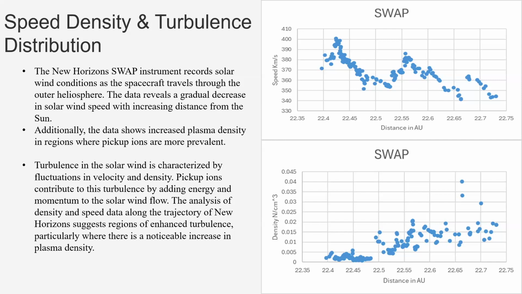And at the bottom, within the same reading, as the spacecraft is traveling farther out into space, the density of these pickup ions actually increases. So in other words, these hydrogen neutrals are actually meeting the solar wind, causing it to slow down and the density to go up from where the charge exchange is.